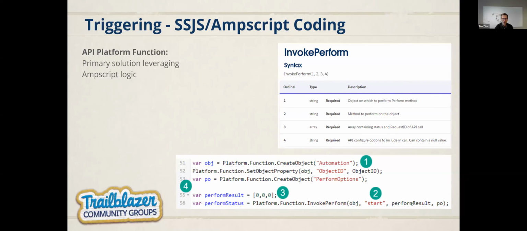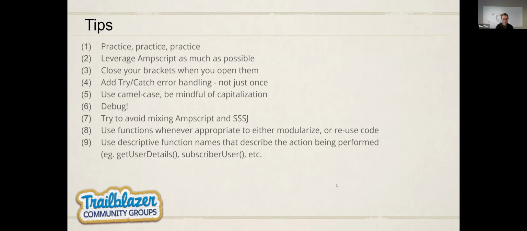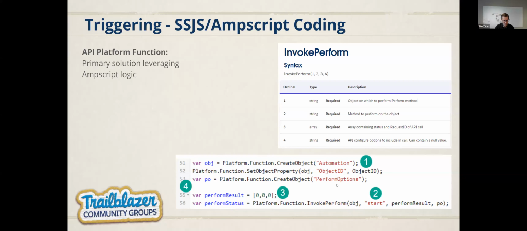We're going to be outputting a result based on the result of the action itself. And then I'm not 100% sure what PO is doing, but it's just following the syntax for what was required. So we're going to be walking through that in a little bit more detail. And then if we have some time, we'll go into tips.